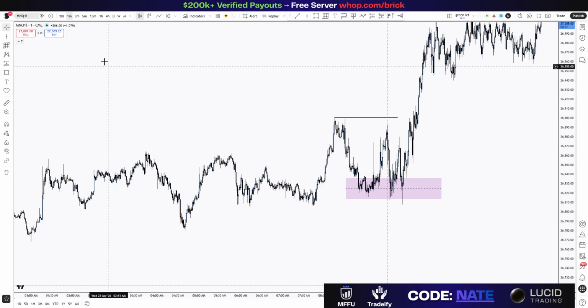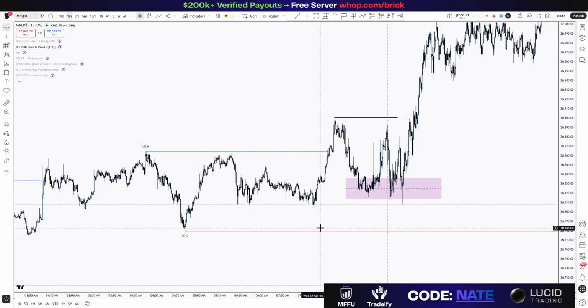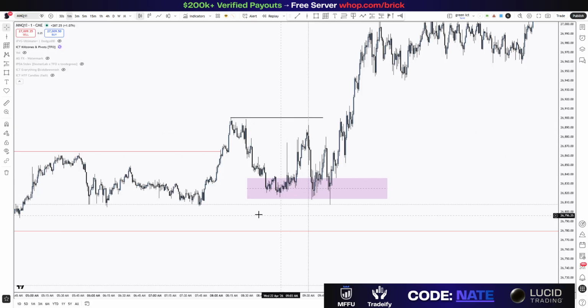Usually we're trading into overnight lows, London lows. You're not going to see that. I mean, maybe we can, but don't be surprised if we come 20, 30, 40 points off the lows and then just immediately reverse.